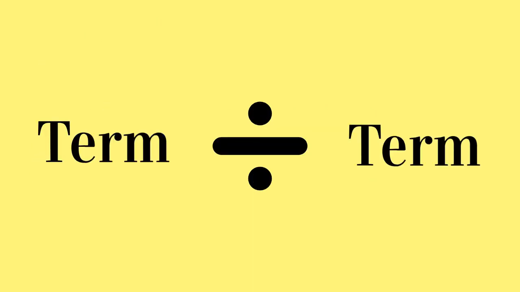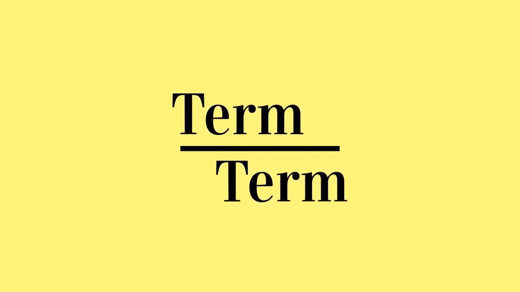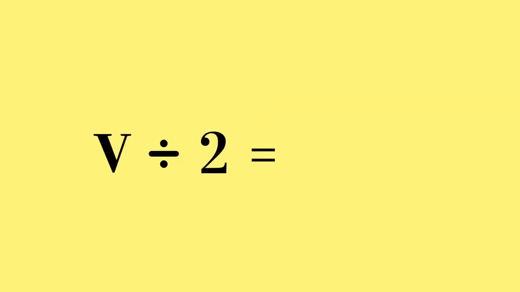When using division in algebra, rather than using the division sign, we write the expression as a fraction, with one term over the term it is being divided by. For example, v divided by 2 would be written as v over 2.